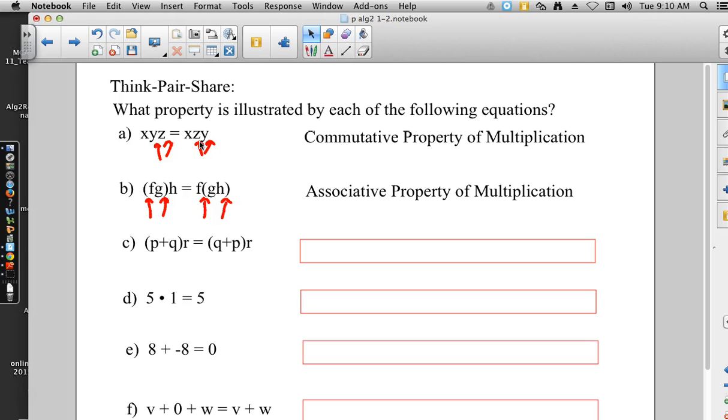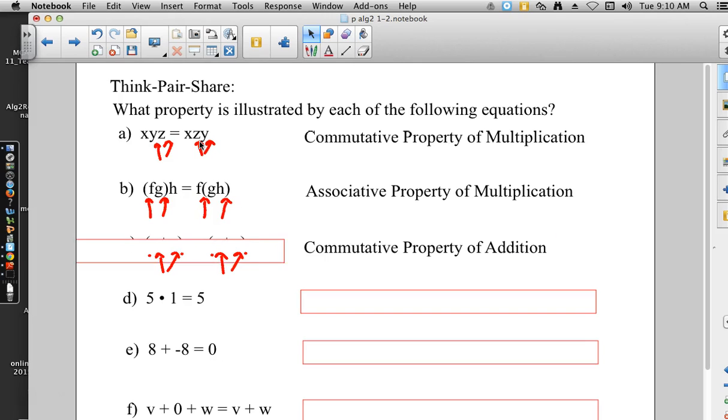Now in C, this isn't the associative property, and that's because the parentheses are still in these positions. What's changed is inside the parentheses. So they reverse the order. Again, that's going to be home to work, work to home. So that's the commutative property of addition, because those were inside the parentheses and there was addition taking place there.